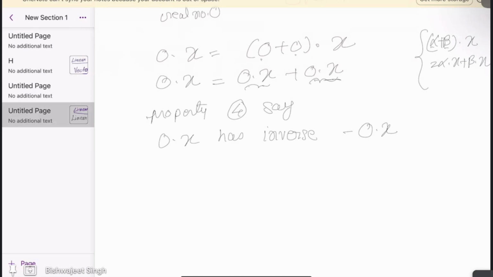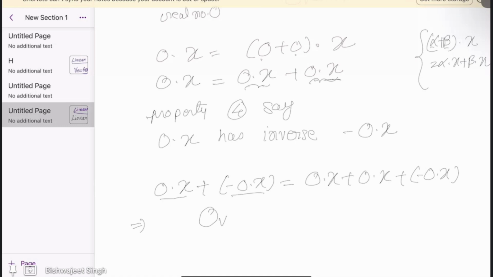Now if I add this minus 0 dot x to both sides, I had 0 dot x, and now I add minus 0 dot x, and here I had 0 dot x plus 0 dot x plus minus of 0 dot x. What do I get? I am adding a vector with its inverse, so I get the 0 vector.